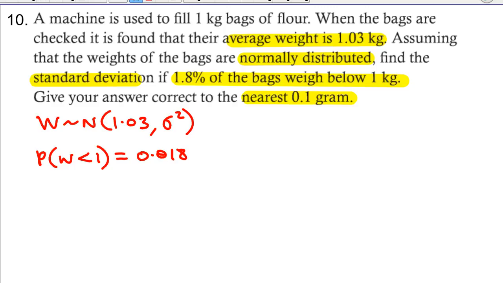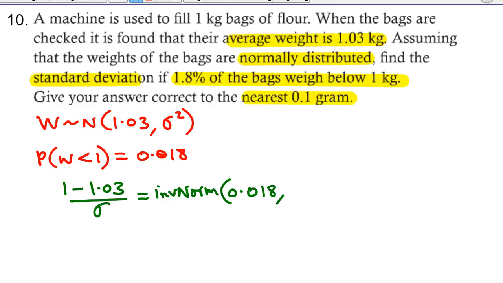So transform to z-scores. What I'll end up with here is 1 minus the mean divided by the standard deviation will be inverse normal of that area. The area doesn't change if you transform this. If you plug that in your calculator, you'll get negative 2.097.